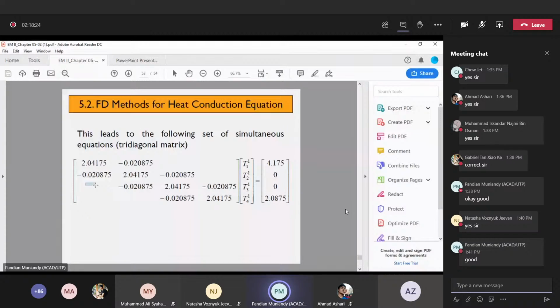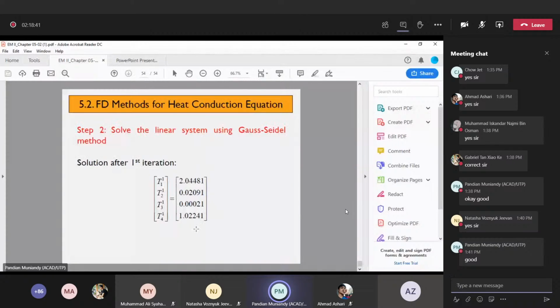On the bottom here this is 0 and these two elements here are zeros. So therefore this system is called tri-diagonal matrix. So in order to solve this, we create the system again. So we will do next lecture how to get the solution.